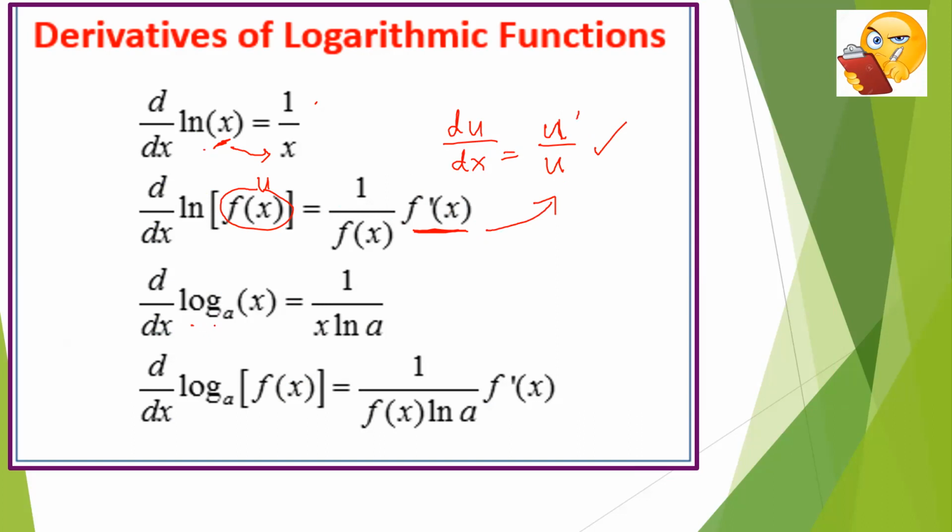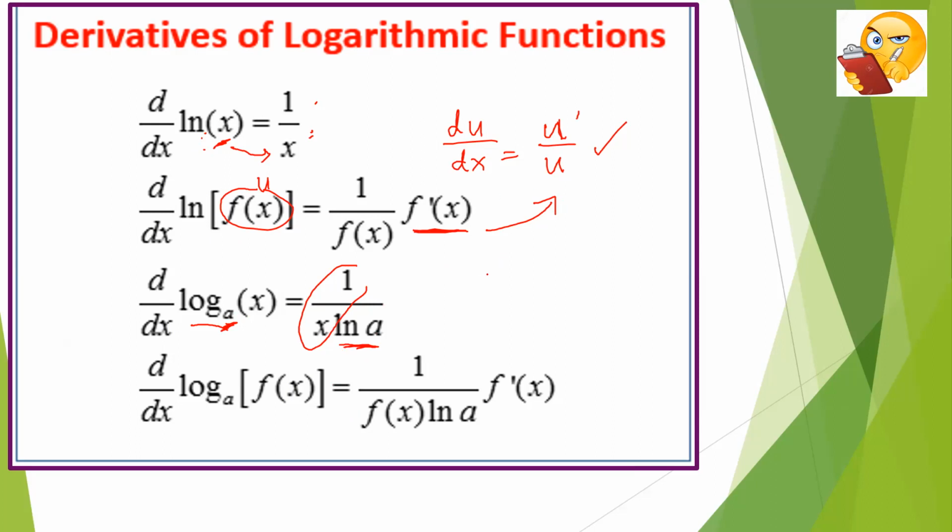So, pag meron ka namang log to the base a of x, parang meron ka pa rin 1 over x. Kaya lang since you have here, ang base mo, understood base is e. Dito, meron kang a. Diba kanina multiplier natin is ln a. Dito, may multiplier ka pa rin kaso nasa baba si ln a. Okay? So, let's have an example.